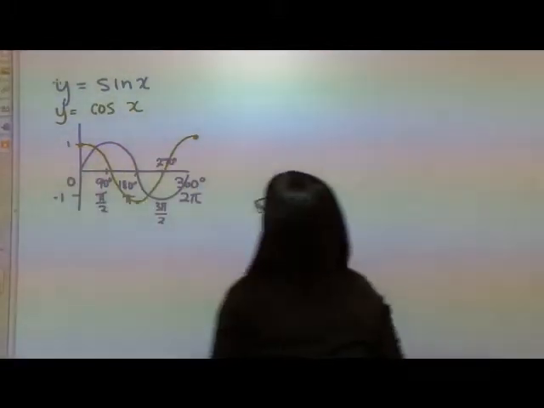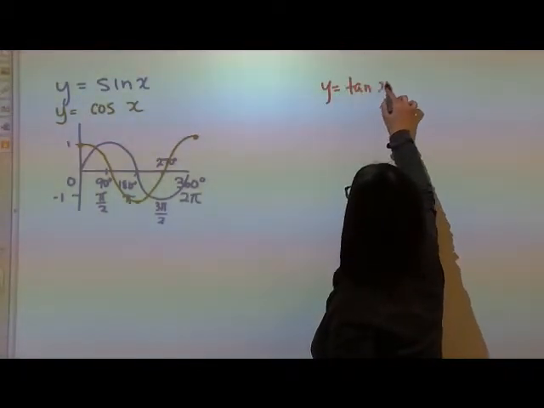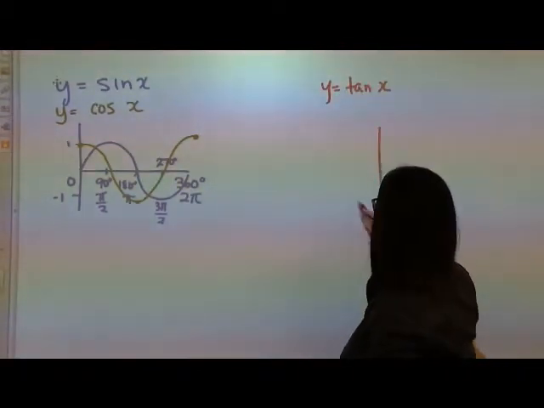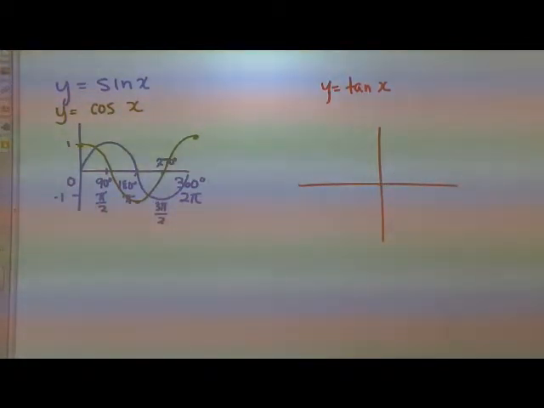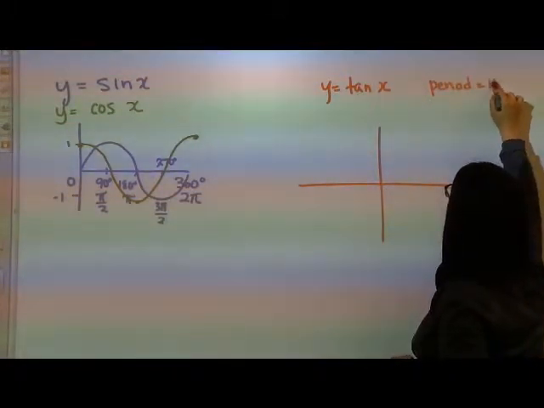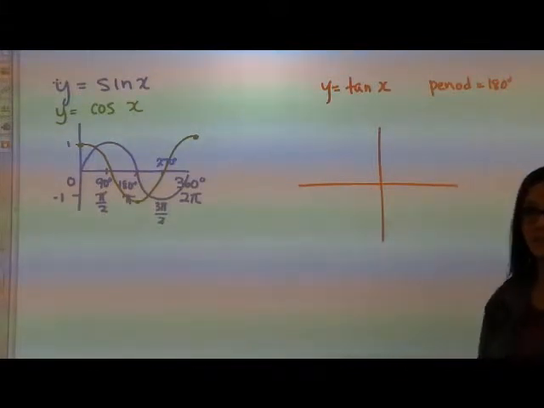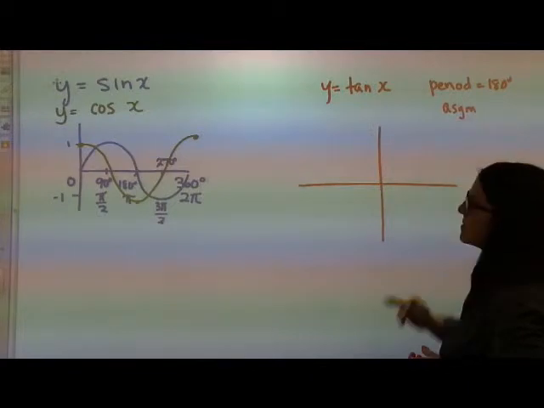The tan graph, however, does not. First of all, for the tan graph, it is probably easier to see both sides of the graph. The other thing the tan has is, first of all, the period is only 180 degrees. And then I've got all of these asymptotes.